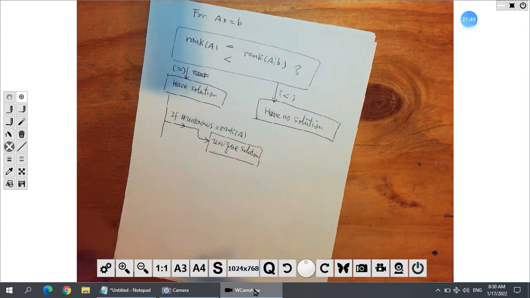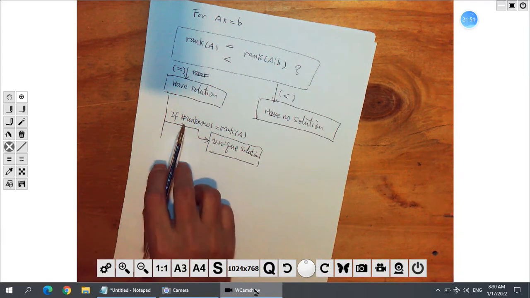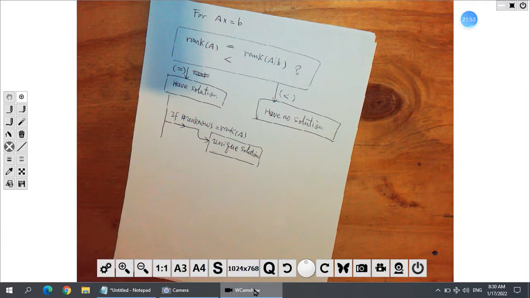Unique solution if the number of unknowns equals the rank of A. You can think of the rank of A as the really useful equations. So if you have two unknowns with two useful equations, then you have a unique solution. You have three unknowns with three useful equations, then you have a unique solution. Right?